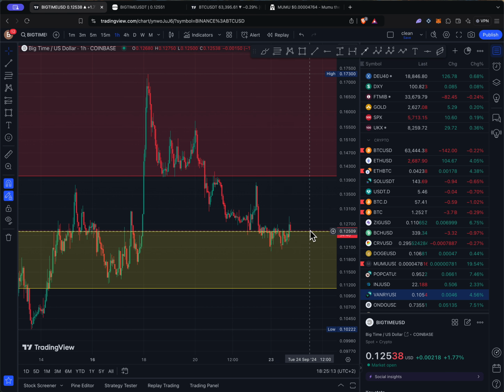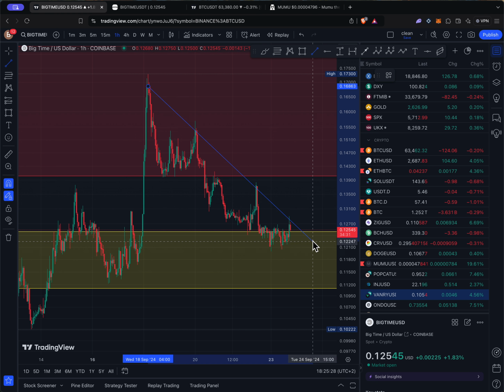And this around 0.0125. Around this zone, actually, this could look almost like a good long. Let me see if this works.